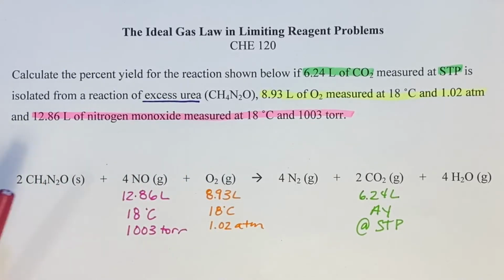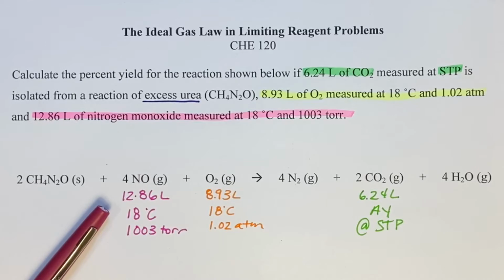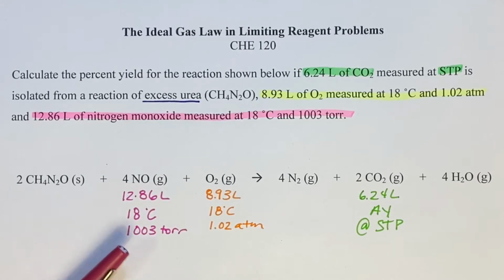As I look at the information I've been given about nitrogen monoxide, my volume I can plug right into the ideal gas law. My temperature will need to be converted to Kelvin, and it is the same temperature that I had for oxygen. My pressure of 1003 torr will need to be converted to atmospheres. So there's all of the information that I have been given in the problem.